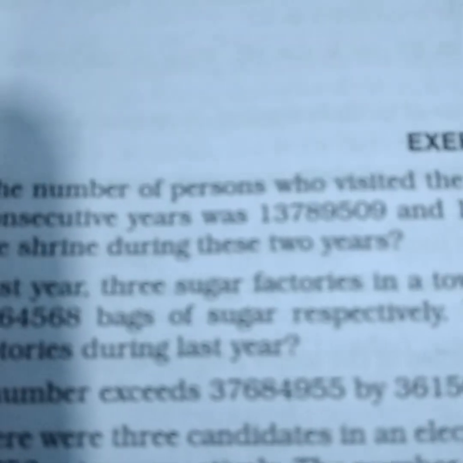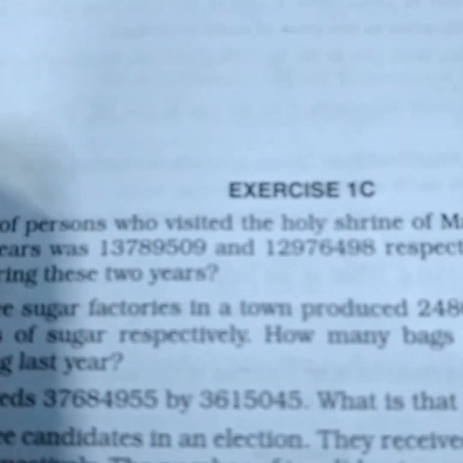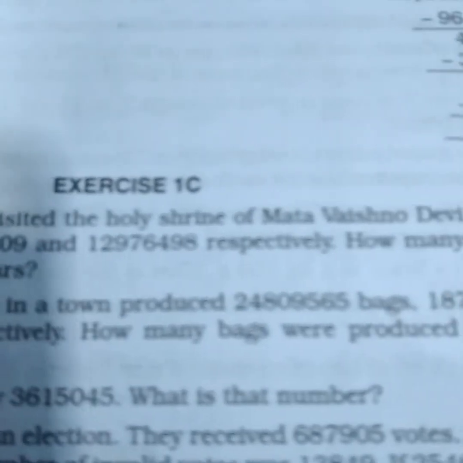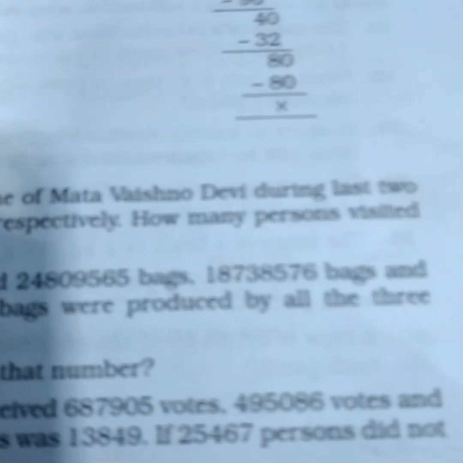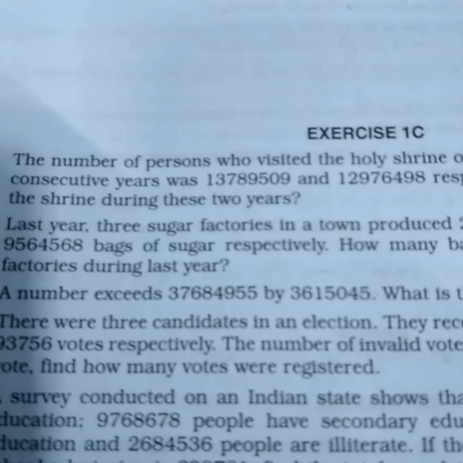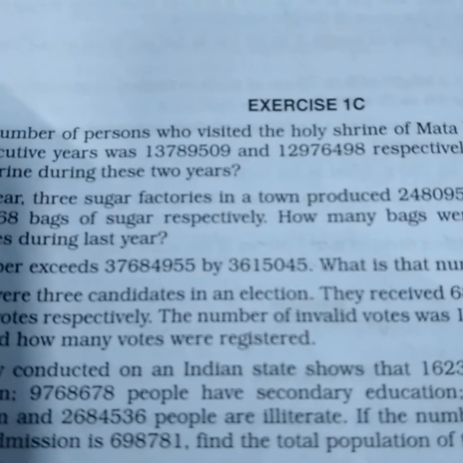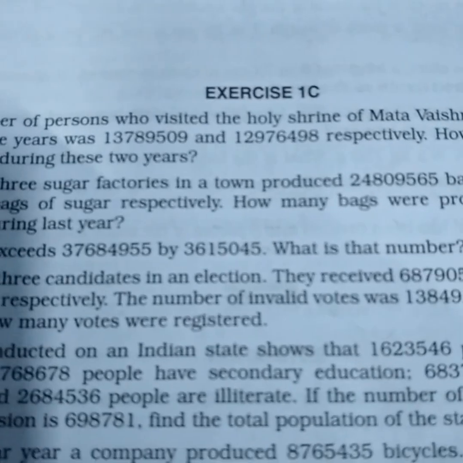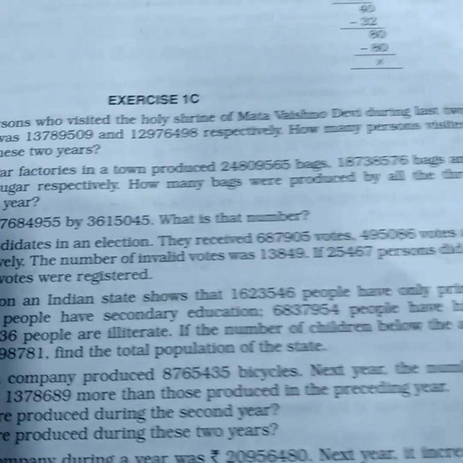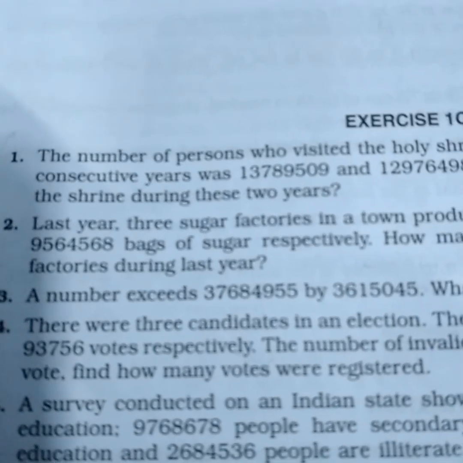The first question: the number of persons who visited the holy shrine of Mata Vaishno Devi during the last 2 consecutive years was 1378959 and 1297649 respectively. How many persons visited the shrine during these 2 years?